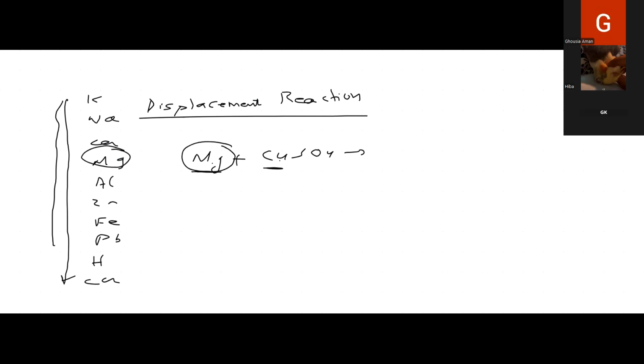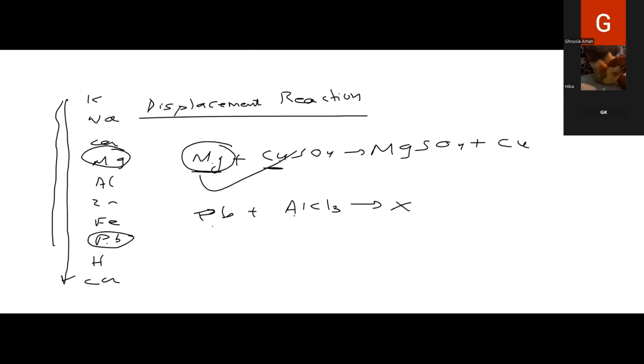But if I react lead with aluminium chloride, lead is at a lower position. It is less reactive and aluminium is highly reactive. A less reactive element cannot displace a highly reactive element, so the reaction will not happen. We have to remember the reactivity series, as I told you before: PO, CAM, ALZIL, HICOM. Potassium, sodium, calcium, magnesium, aluminium, zinc, iron, lead. You have to remember this.